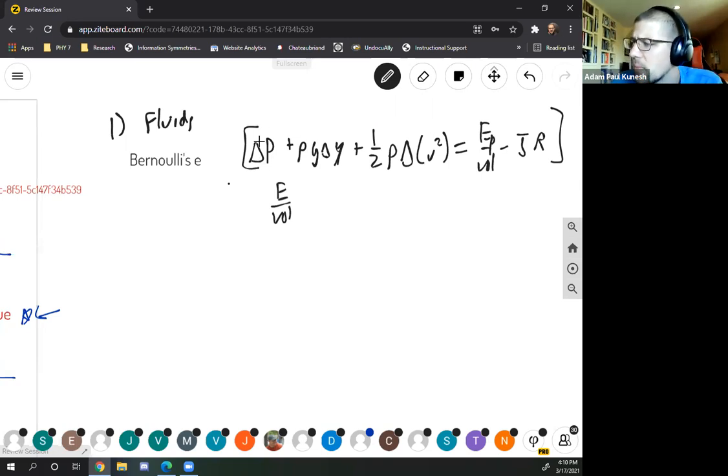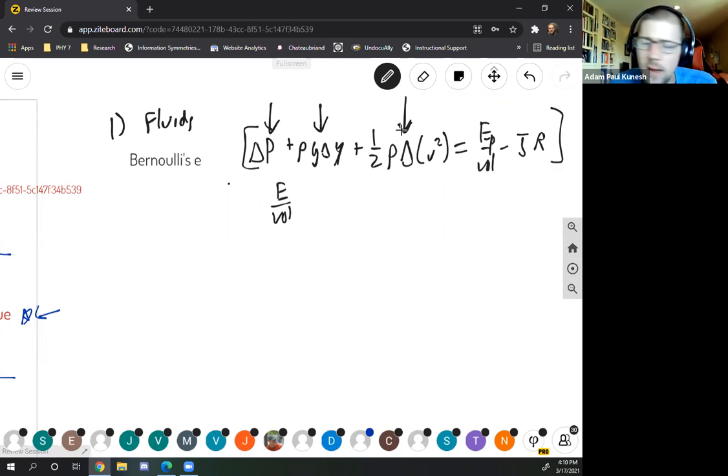The pressure term tells me about the energy associated with, say, the particles hitting the walls, just how tightly compressed my fluid is. The height term has to do with the gravitational potential energy. And this term over here has to do with the kinetic energy. So a density is mass per volume, so this is kind of like 1/2 mv squared.